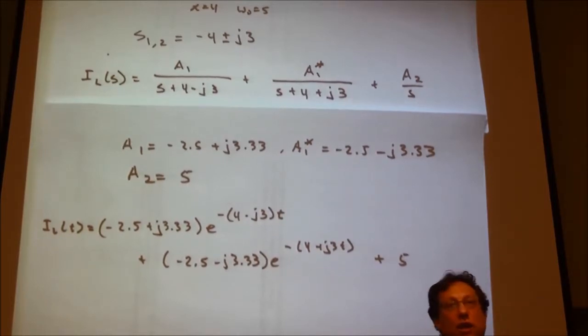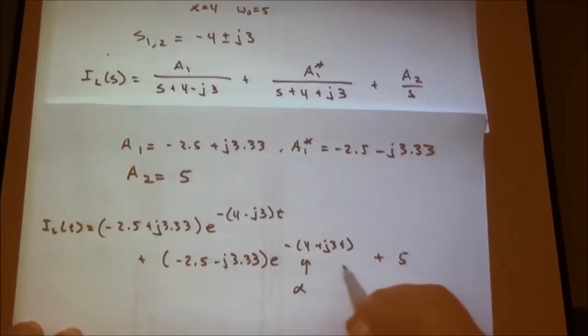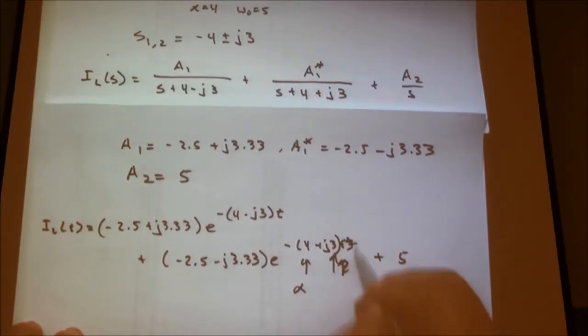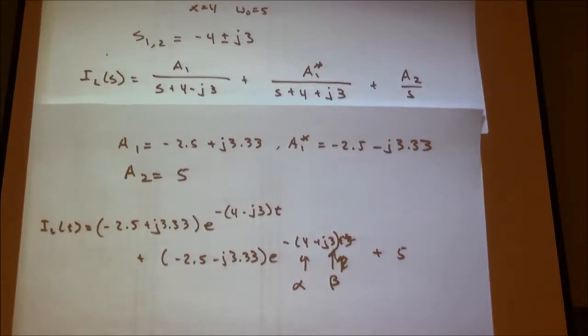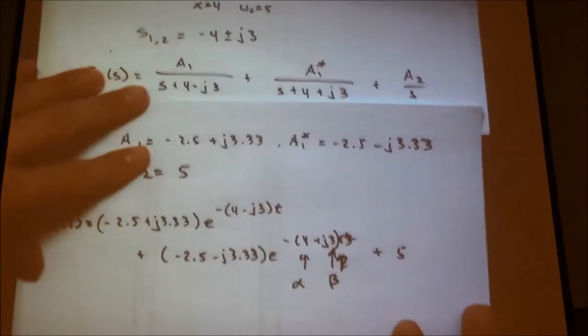If you are emotionally opposed to complex numbers in your solution, remember, this is alpha, and that's beta. So the real part of your complex root is alpha, and the imaginary part of the complex root is beta.